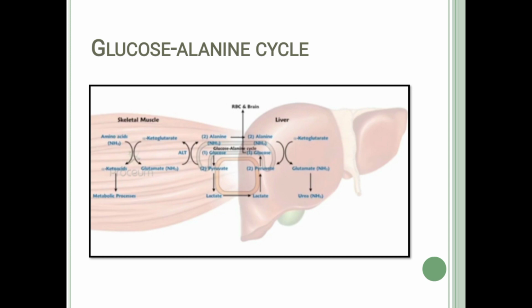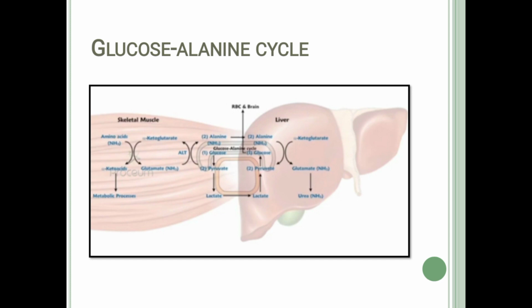That means the primary amino group nitrogen is given to alpha ketoglutarate, which is an acceptor of that primary amino group and is now present in glutamate, because alpha ketoglutarate is converted to glutamate while the amino acid is converted to its corresponding alpha keto acid, and that alpha keto acid will undergo its metabolic fate in the skeletal muscle.